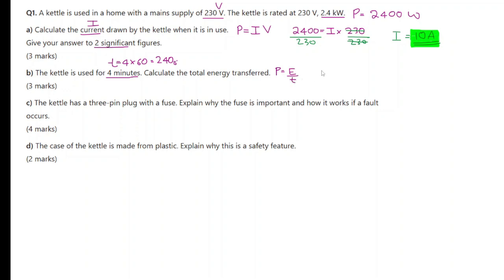So to get energy, I have to multiply power by time. Now, I know the power is 2400 watts multiplied by time, I just worked out here as 240. So let's do the calculation. The answer is 576,000 joules.